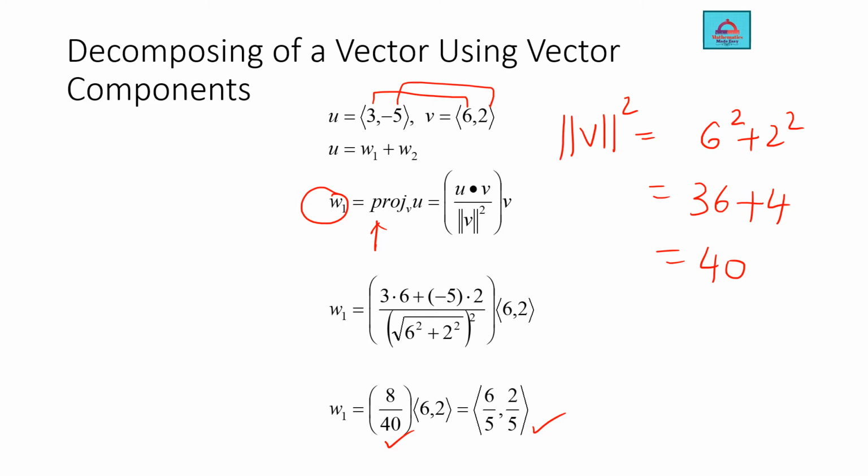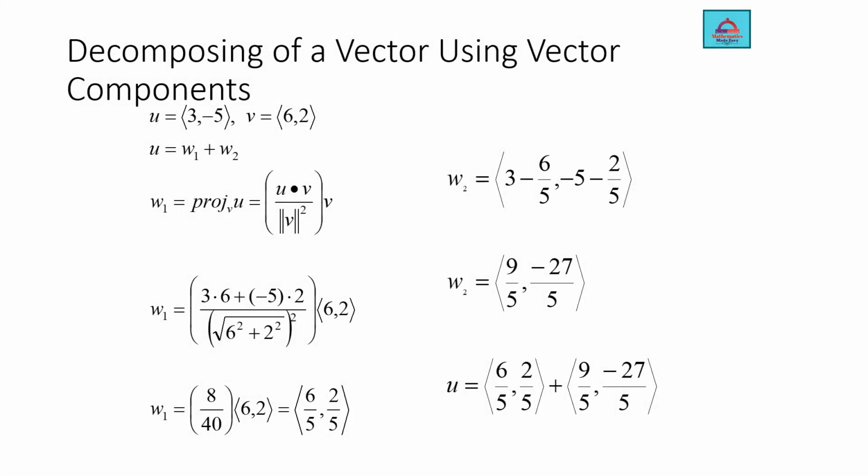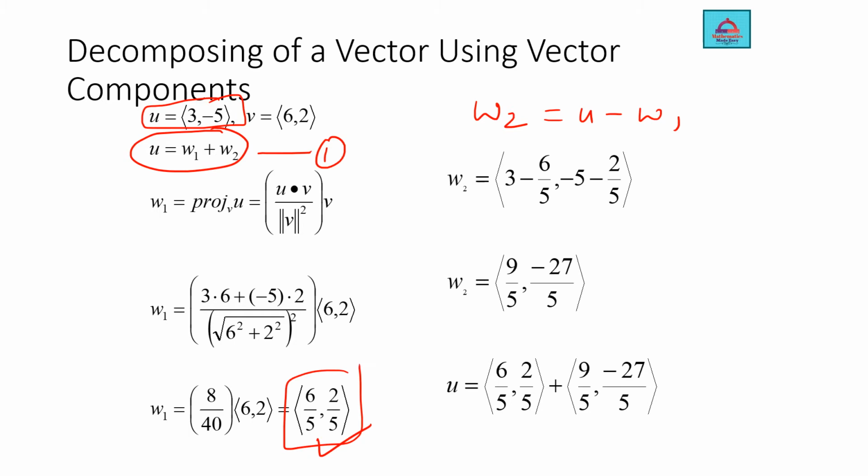Now we need to find w2. Once you have your w1 here, w2 from this formula, number 1, would be u minus w1. How much is u? This vector. How much is w1? This vector. So just subtract. 3 minus 6/5 for the x component, and minus 5 minus 2/5 for the y component.